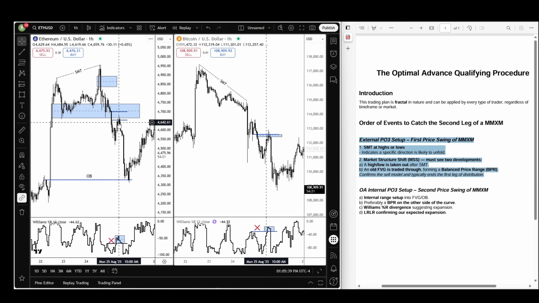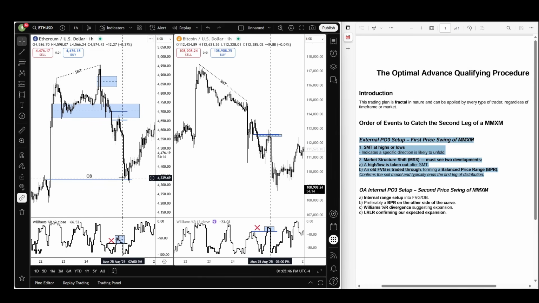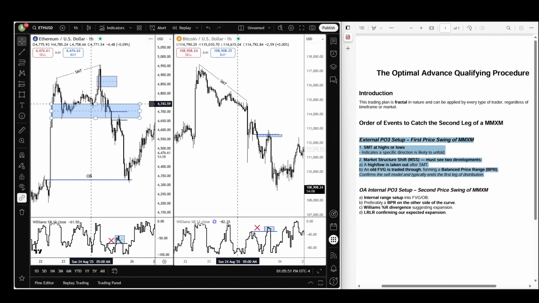And again, if you've been struggling with trade selection and you're using the Williams percent R to confirm your trades and you're getting stopped out and you're offside, this is going to be very, very important. This is going to help your hit rate. It's going to help your profitability, right? These 2 forms of power of 3, we need to see the external range power of 3, right, before the internal range power of 3, okay?